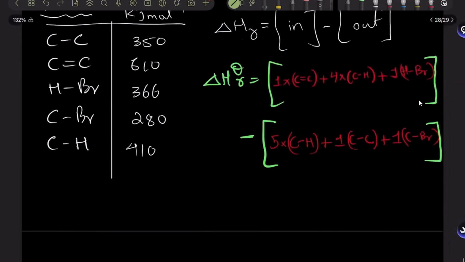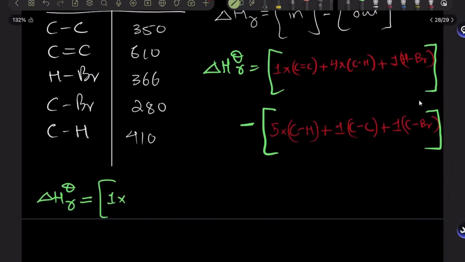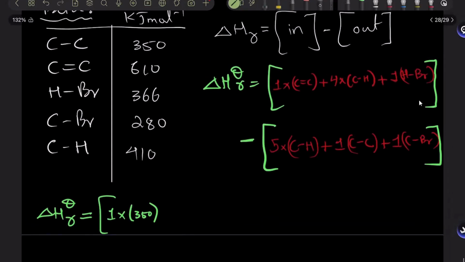So now I plug in the values. Delta H naught of reaction would be equal to 1 times, what is the bond energy for the carbon-carbon double bond? That's 610, for the double bond.